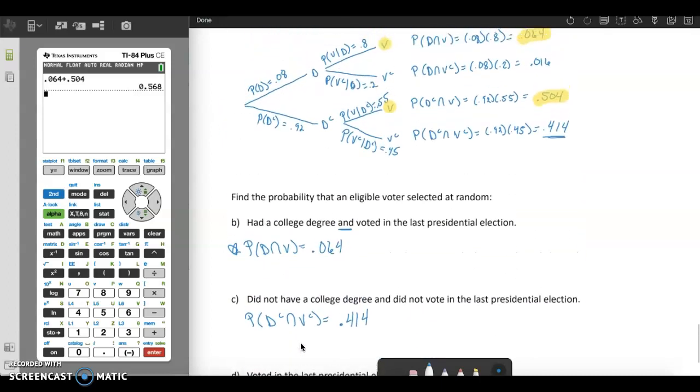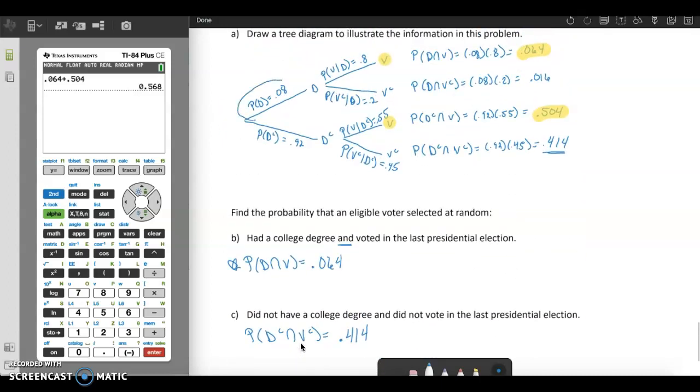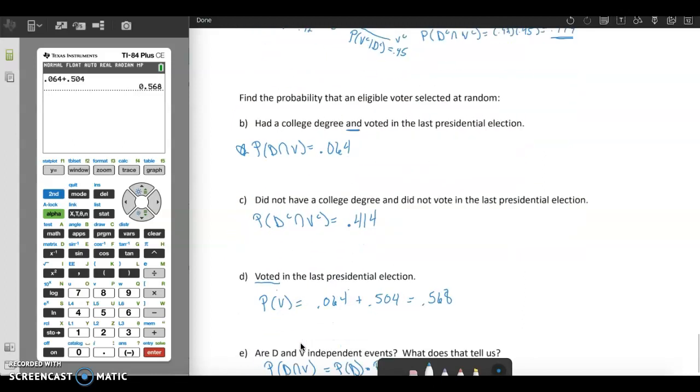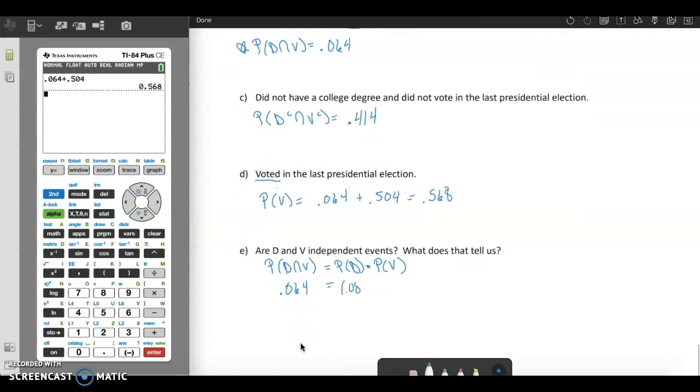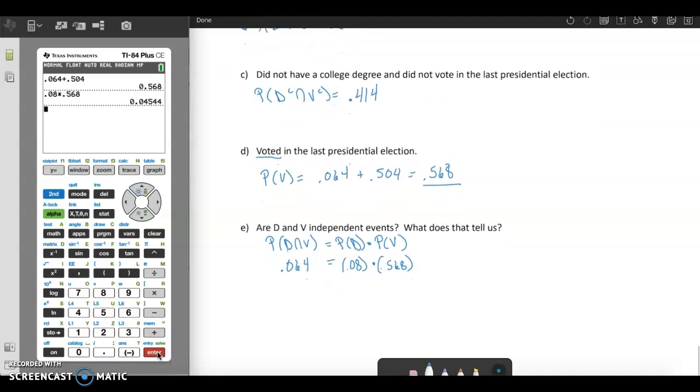Let's go back and remind ourselves. The probability of D was 0.08. And we just found the probability of V being 0.568. So if we multiply together 0.08 times 0.568, we do not get 0.064.